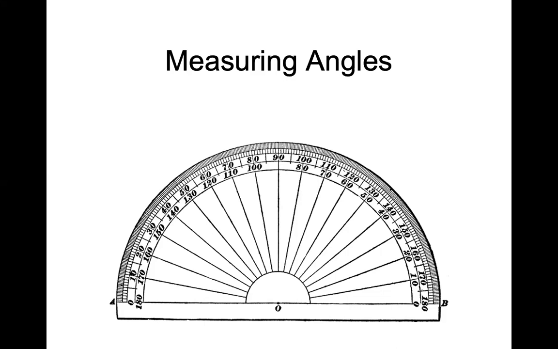They start at 0. The inner one starts at 0 on the right, and the outer one starts at 0 on the left. Yours may not be labeled, but it's still 0. Does everybody see where 0 is? What does the scale go up to? 180 degrees.